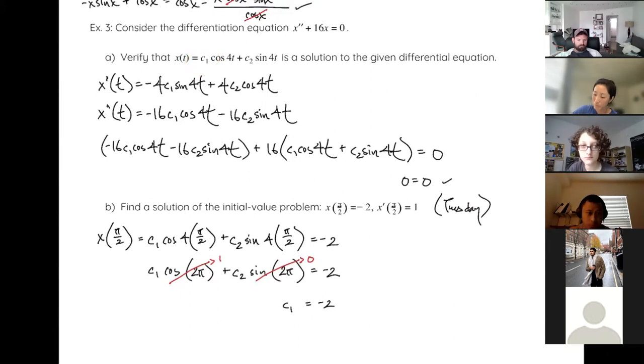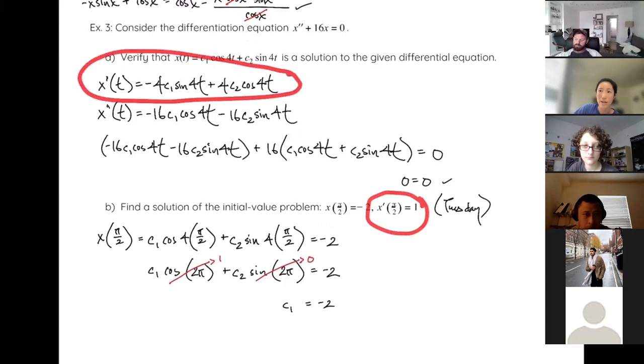Now, the reason why we have 2 initial conditions is because we have 2 constants that we need to find out. And so we're going to use the second one along with that first derivative that we found yesterday to find the other constant.